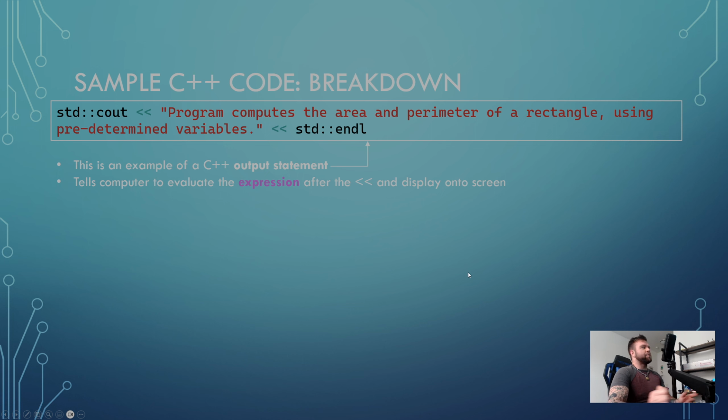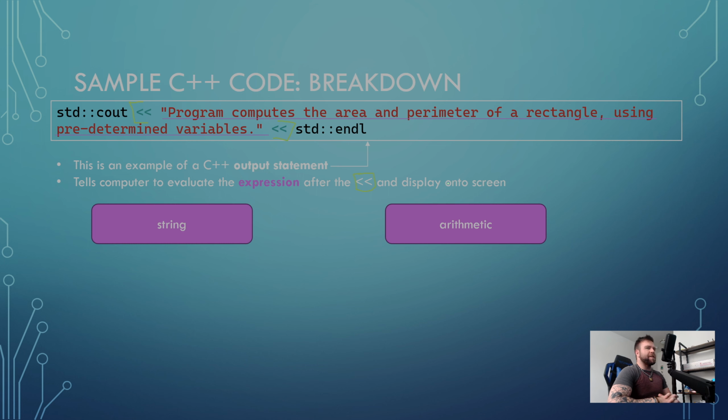It tells the computer to evaluate the expression after the operator, which for output is this right here, and display it onto the screen. I tried to highlight everything with the same color. So right here, that is the expression, because it is between the operators. This statement has one expression.